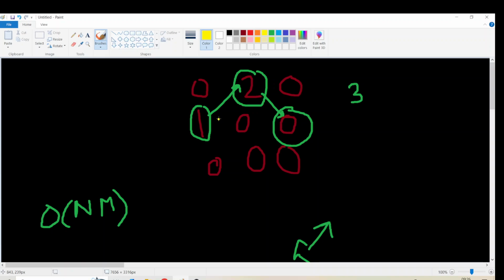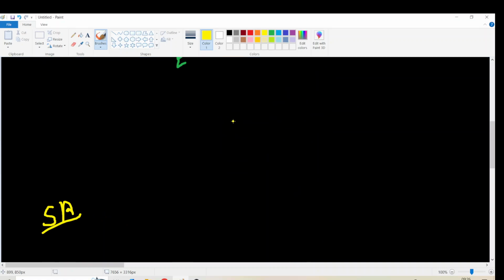I am finding two different subsequences in two different directions. Let's say we are finding a segment in this direction, and we will find this direction segment also, and this direction segment also.